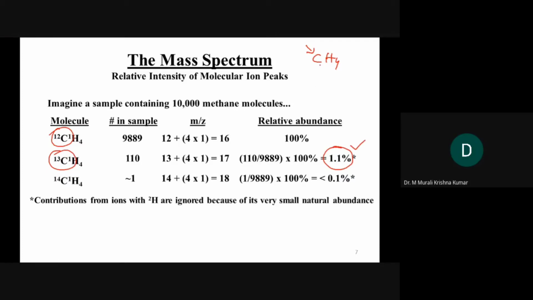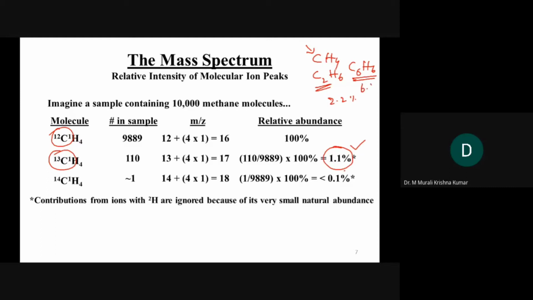Then if you take C2H6, or CnH2n, let's say if you have two carbons, then what will be the percentage? It should be 2.2%. Let's say if we have C6H6, benzene, then what will be the M plus 1 contribution?